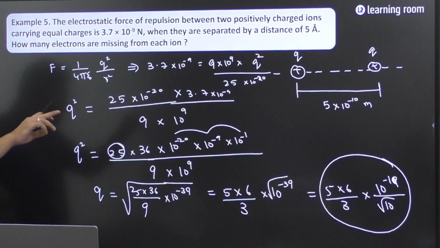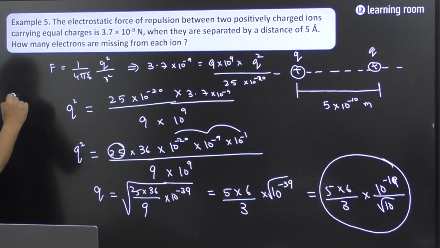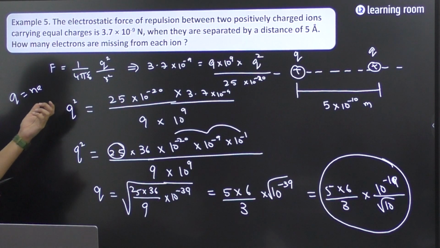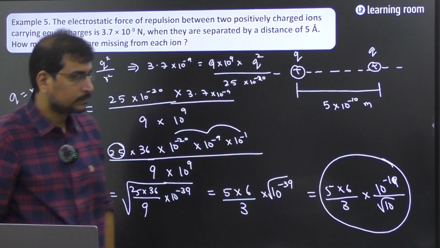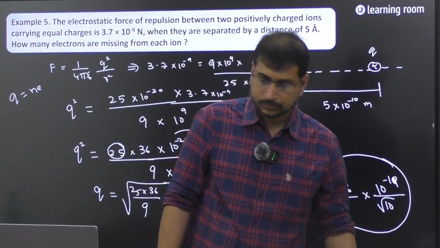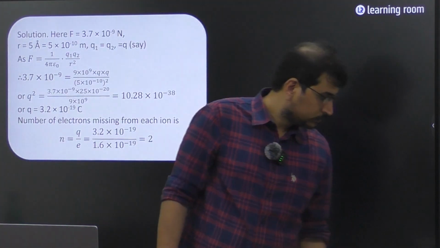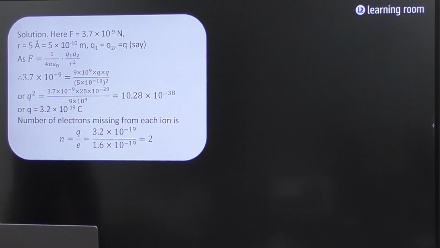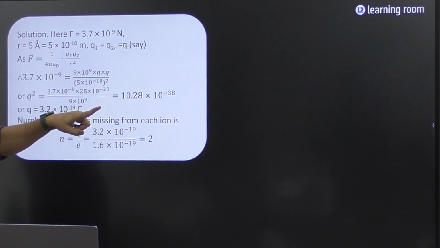So from this, after you calculate the value, you need to apply the formula Q is equal to N into E. So Q value already known, number of electrons into charge of each electron. Okay. So I hope it is clear. So this is the value of charge, 3.2 into 10 power minus 19. That is 5 into 6 divided by 3 into 3.3.